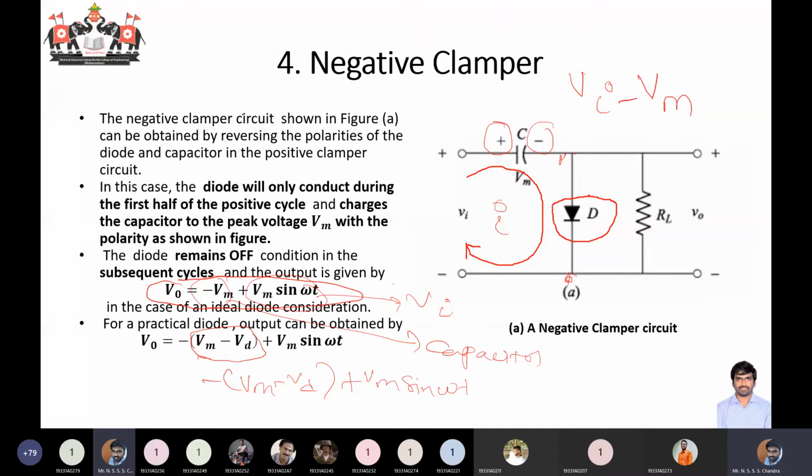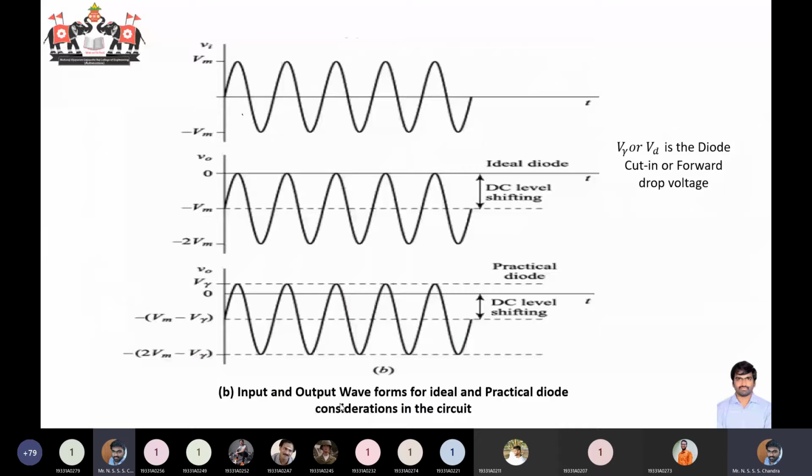This is a negative clamper because we are reducing the voltage by an amount of Vm volts. Your output DC level is reduced by Vm, so your DC level is shifting from 0 to minus Vm.